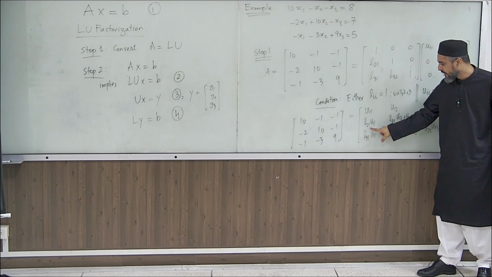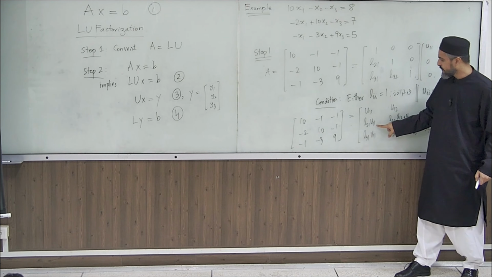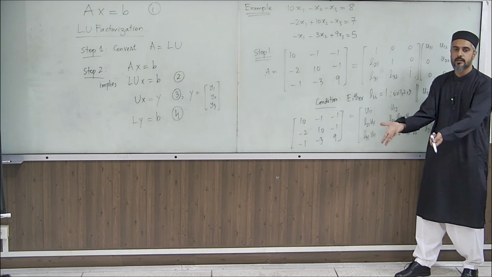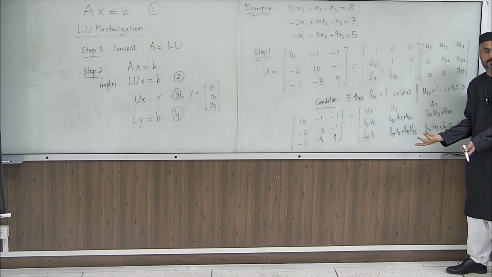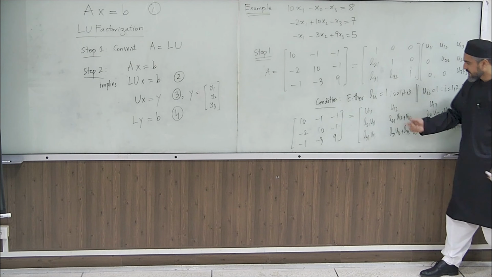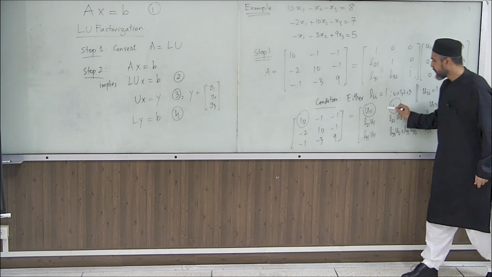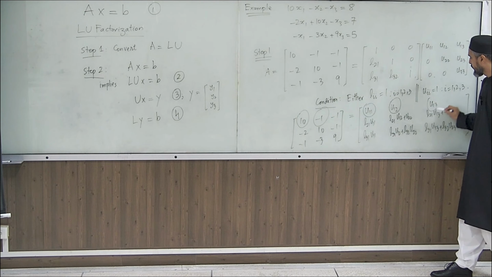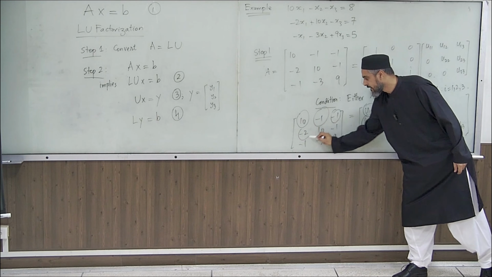What is the value of L21? L21 into U11 will be minus 2. We know the value of U11, which is 10, so we'll get L21. This is simple. You need to solve these equations: you know the value of U11, U12, and U13, and you know the value of this particular product as minus 2.